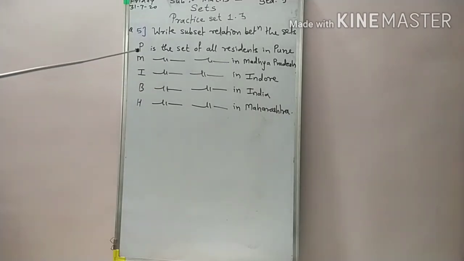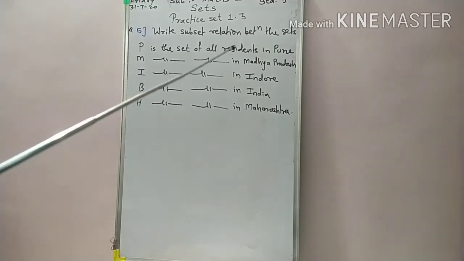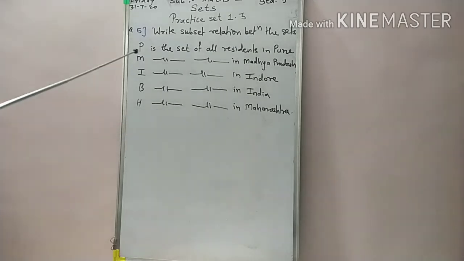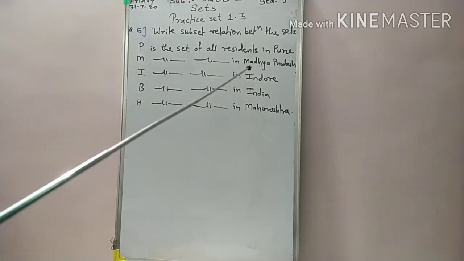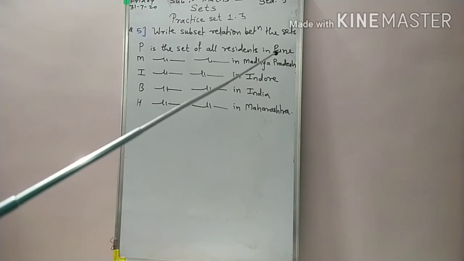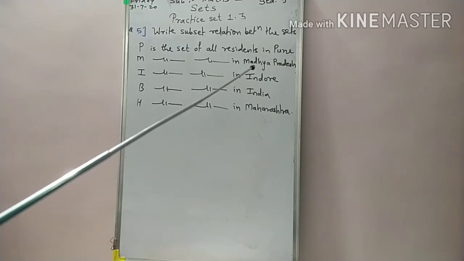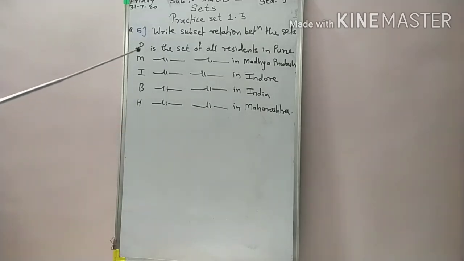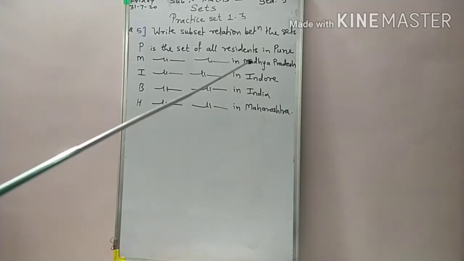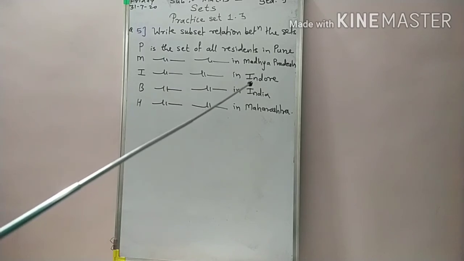So we compare this P with each set and try to find out P is a subset of which set. Okay students. So P, residents in Pune, and M, residents in Madhya Pradesh. But Pune is in Maharashtra, not in Madhya Pradesh. So no relation between P and M. Similarly, P and I: P is residents in Pune and Indore is another city.